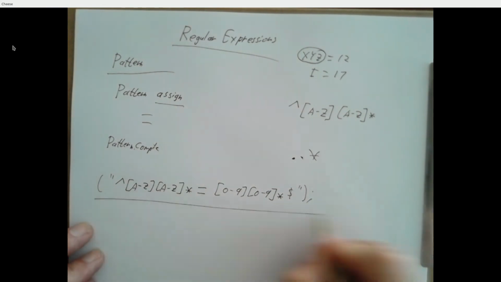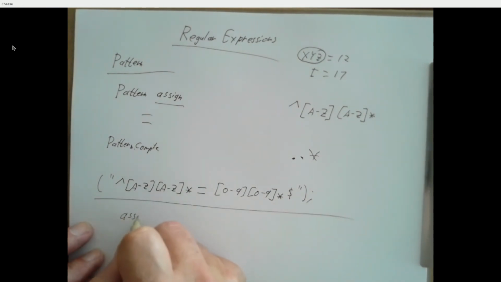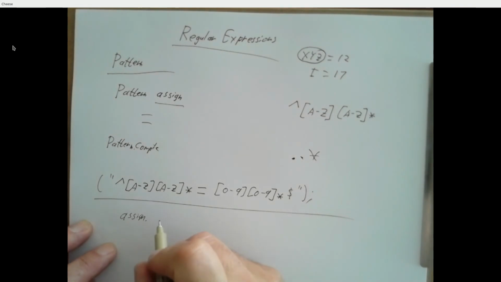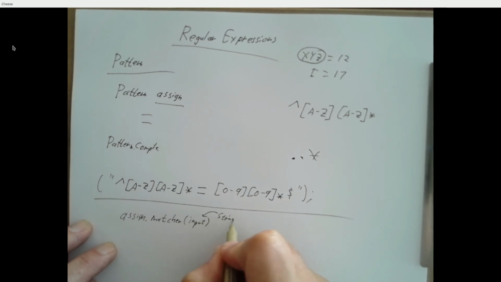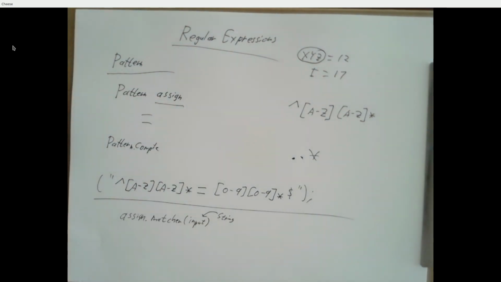So once we have that, we can do the following. Assign is a pattern now. It has various methods, including something called matcher. So you have an input string you want to compare against this regular expression.